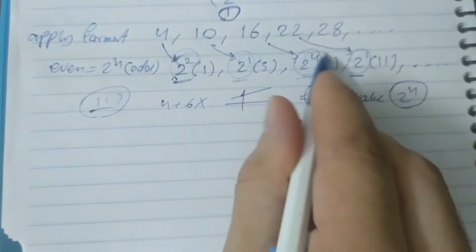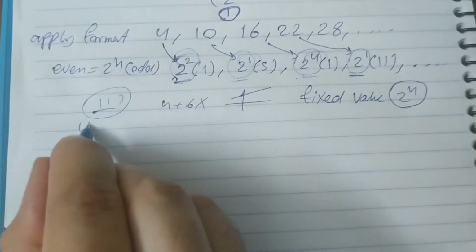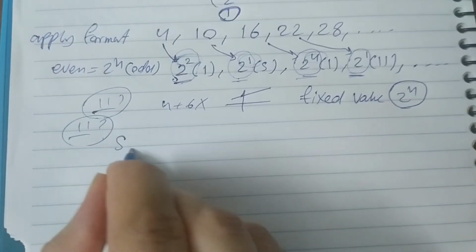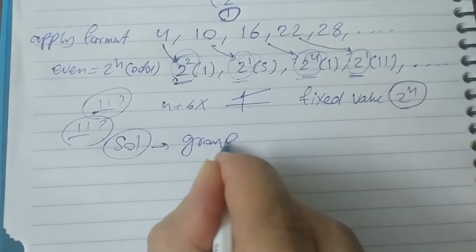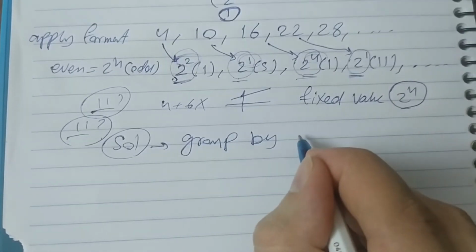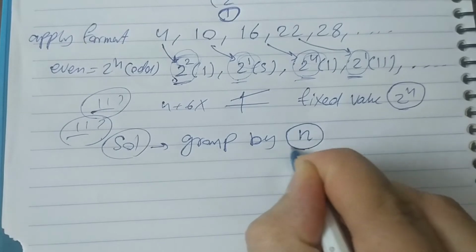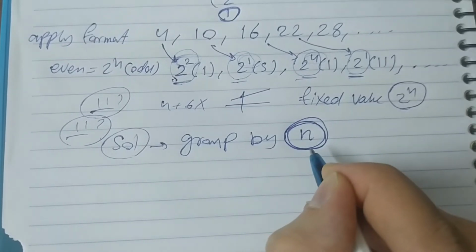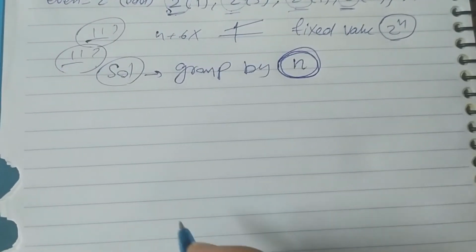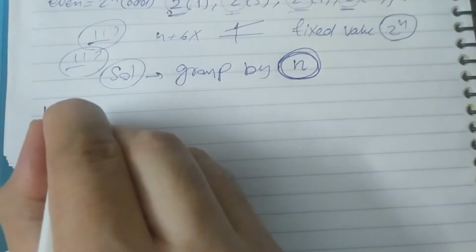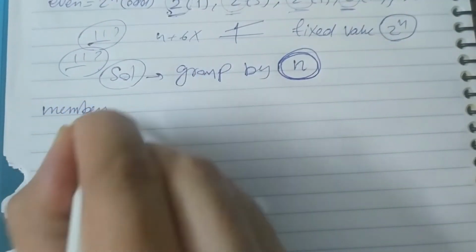So how to solve this? Well, one solution is to group them according to the value of n. What I mean by that is to ask which members have n equal to 1.